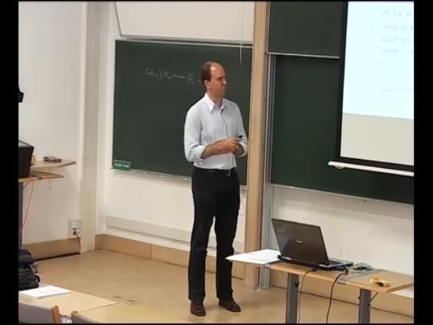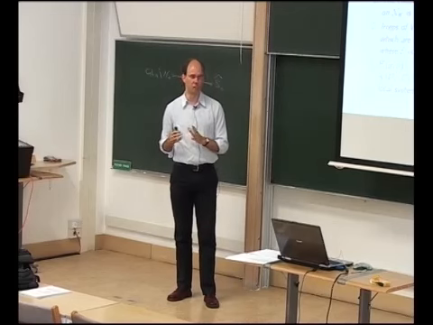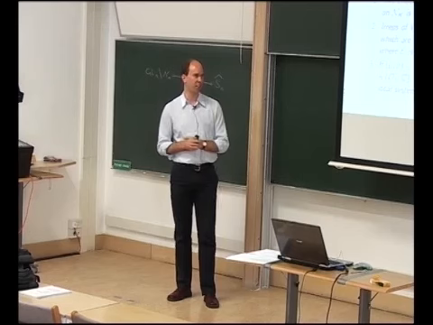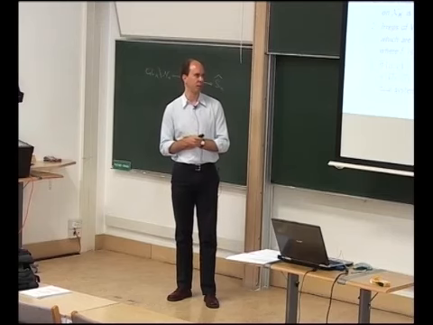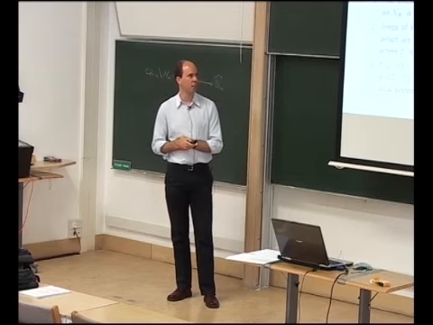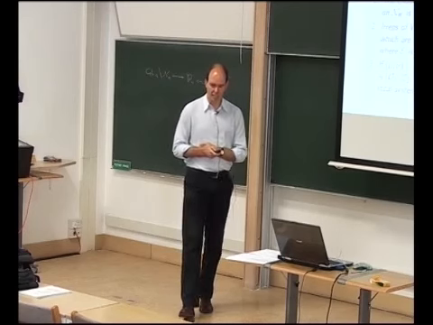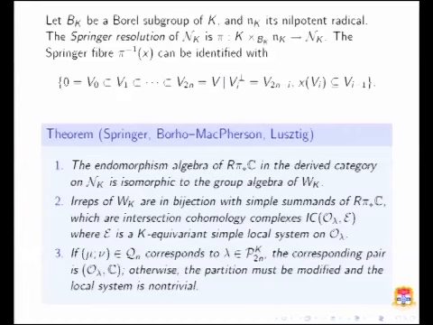Otherwise, you have to modify the partition to make it an allowable partition for the symplectic group, and then you get a non-trivial local system. So the upshot is that the irreducible representations are in bijection with some set of orbits and local systems, but it's not quite as simple as you might think, because not all the possible local systems arise.